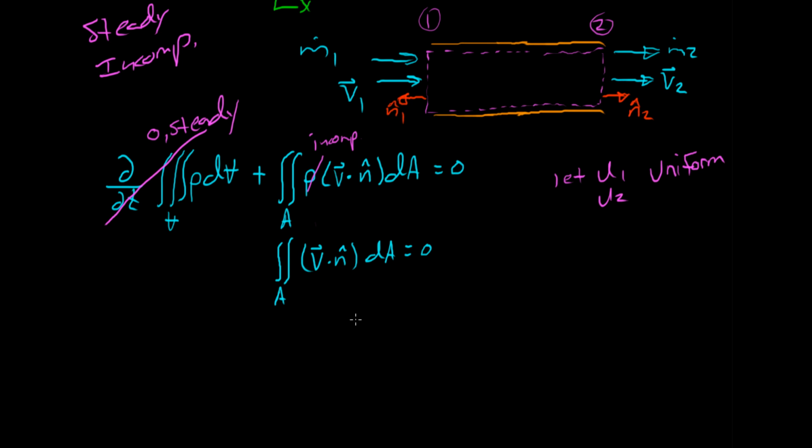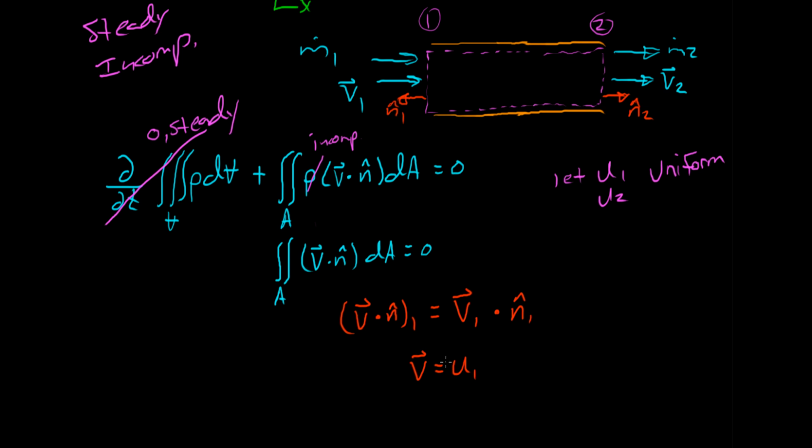What we want to work out is what v dot n at area 1 is equal to. In other words, we want to find the velocity vector at 1 and dot it with the normal vector at station 1. Well, v1 can be thought of as a magnitude and a direction. Since it's in the horizontal direction, we use u for the magnitude in the x direction of the velocity.